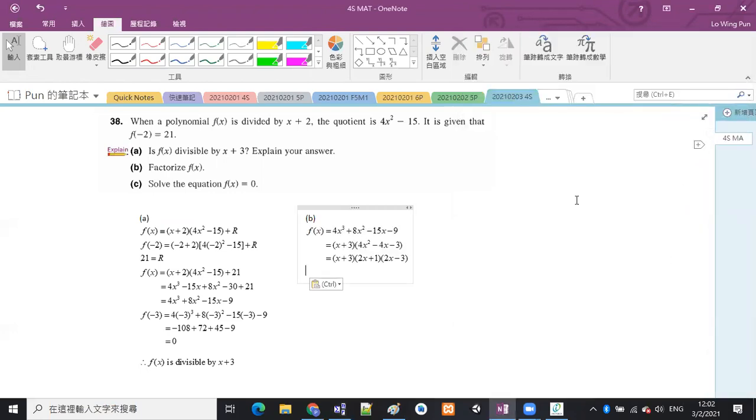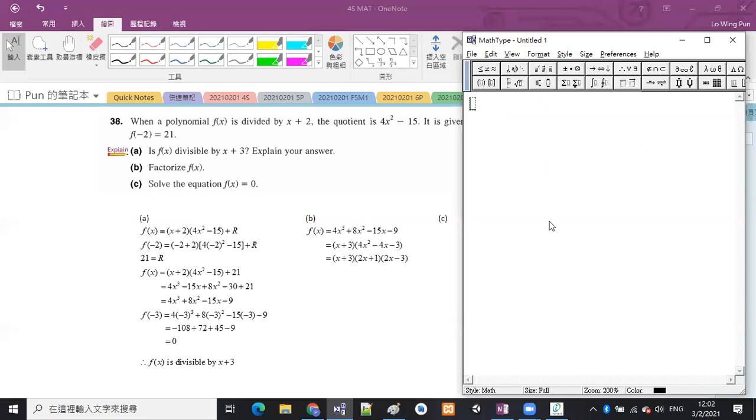Well, part C is very boring because we have already factorized f(x) to be x plus 3, 2x plus 1, and 2x minus 3.